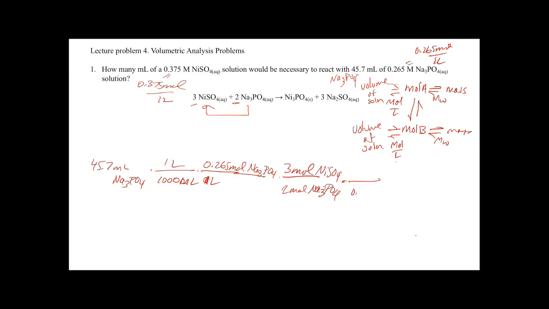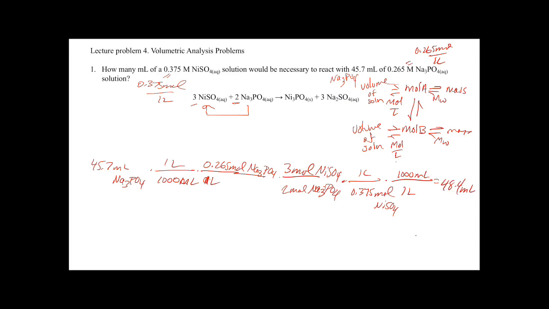So we can say that for every 0.375 moles of the nickel sulfate, we're going to have 1 liter of that solution. So now the last step is to get this into milliliters because that's what the problem asks for. So we're going to convert liters to milliliters. And when you do all the math out, the final answer for this should be 48.4 mL.